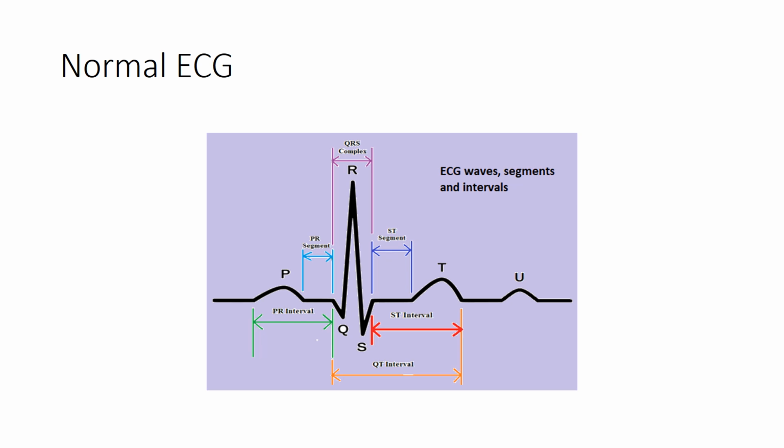Shown here is the tracing which is seen in a single cardiac cycle. We can see here various waves as well as segments and intervals. Waves are the vertical deflections from baseline in the ECG tracing.